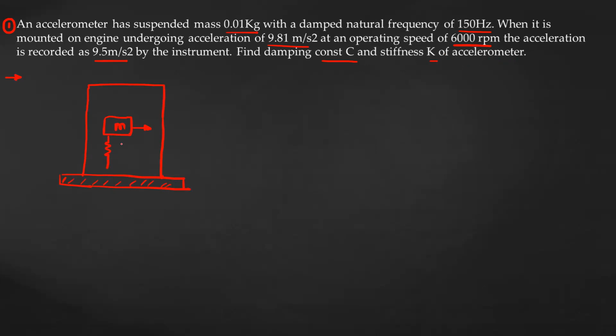It is mounted on the engine, which is operating at the speed of 6000 rpm. So this is the engine. The engine rpm, that is the frequency of the engine, is equal to 6000 rpm.